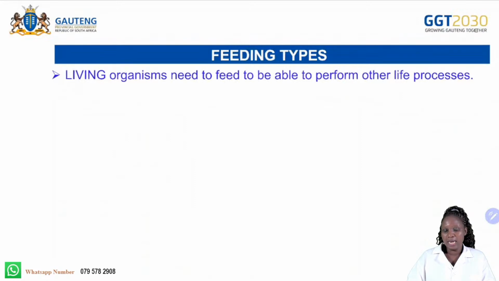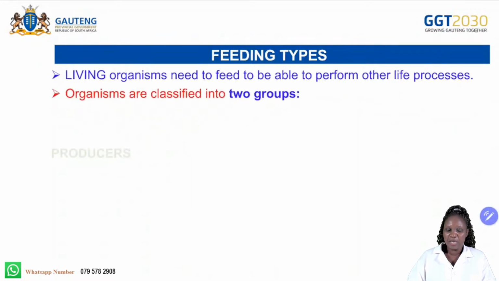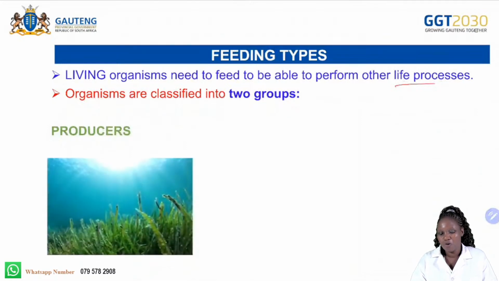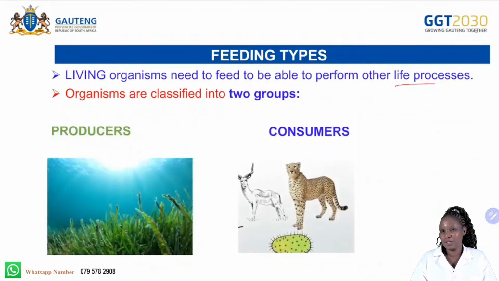Okay, let's look at feeding types. Living organisms need to feed to be able to perform their life processes. You still remember the life processes grade 8, don't you? That's good. Organisms are classified into two groups. We've got the producers and the consumers.